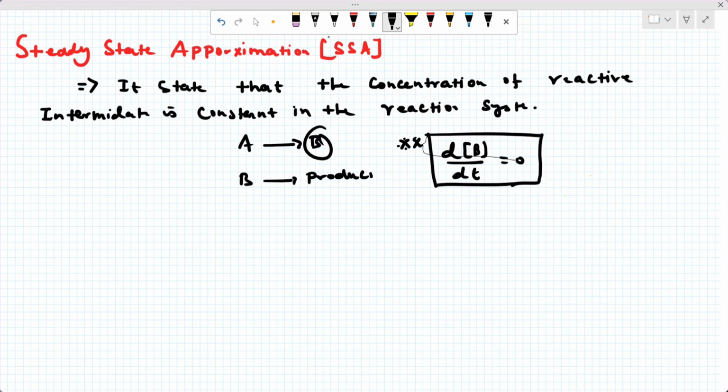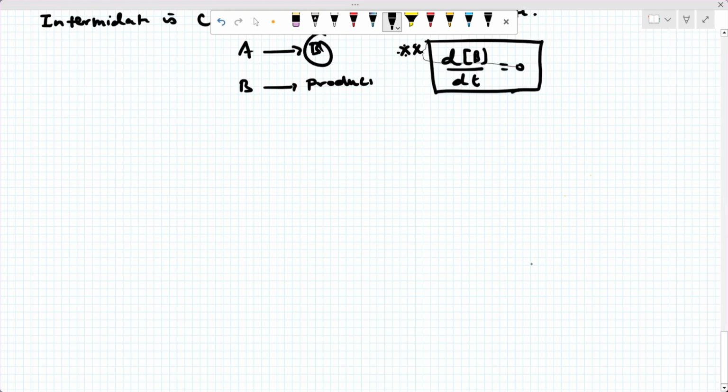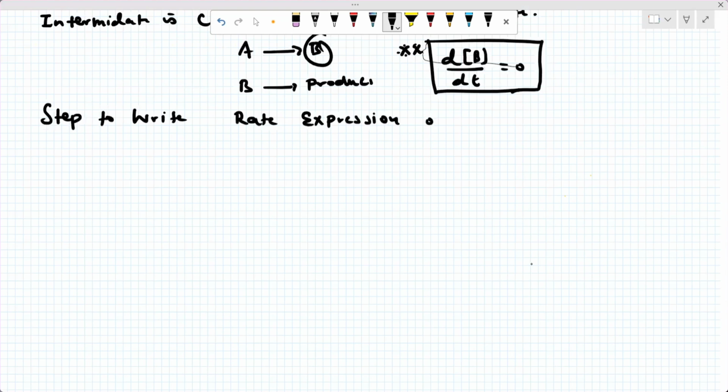Now, how to write the SSA? Please note. Step 1: write the rate expression for a complex reaction using the slow step. What is the slow step?